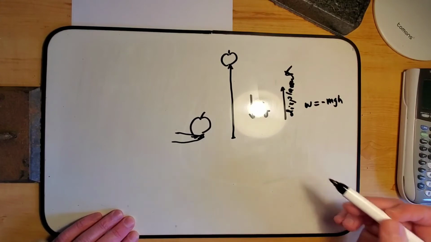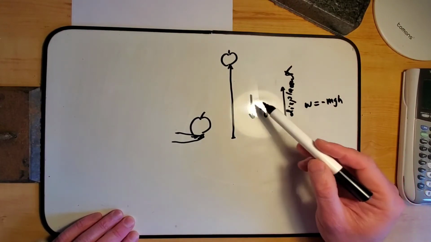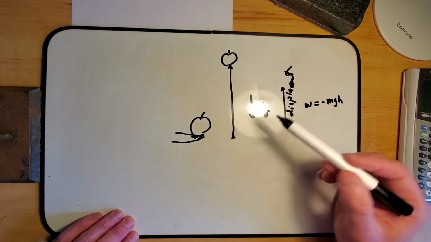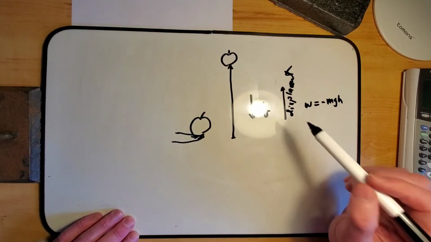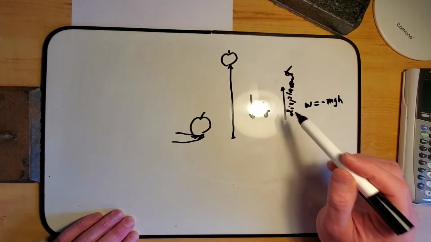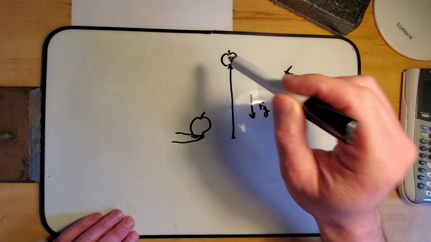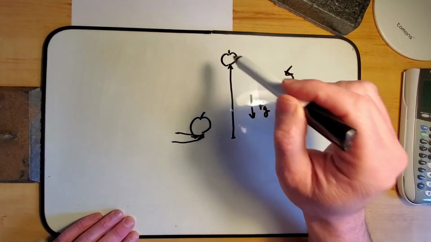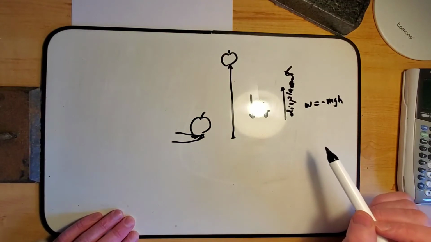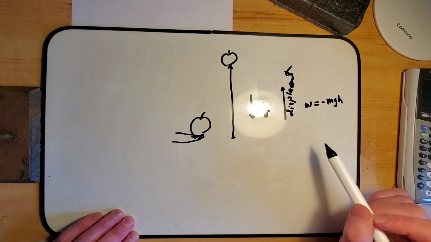So again, anytime you have a force of gravity, or any kind of force, acting on the object against the direction of its displacement, the work acting on this apple or any other object will be negative. And why is it so?